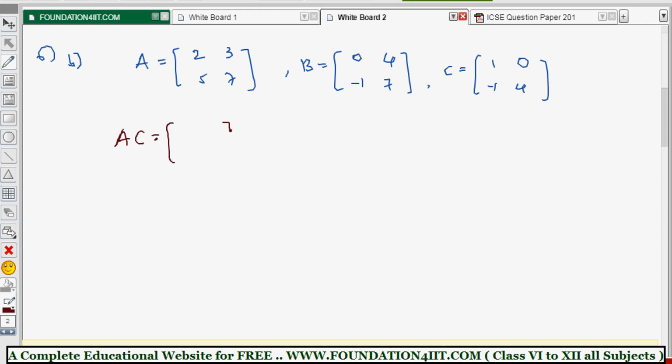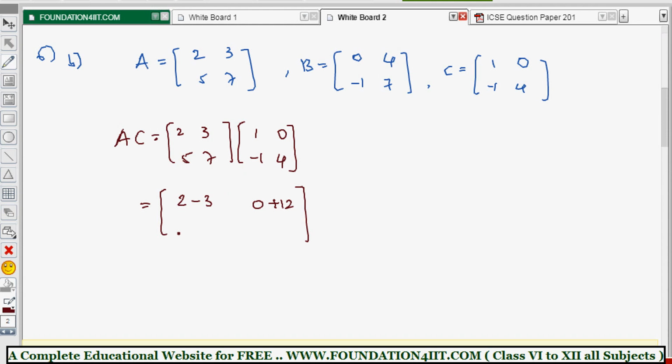AC is A matrix into C matrix. A is 2 3 5 7. C is 1 0 minus 1 4. Multiply these both, first row first column, first row second column. The matrix multiplication if you do, that is 2 into 1 is 2, minus 3, that is minus 1. Again first row second column, 0 plus 4 threes are 12.